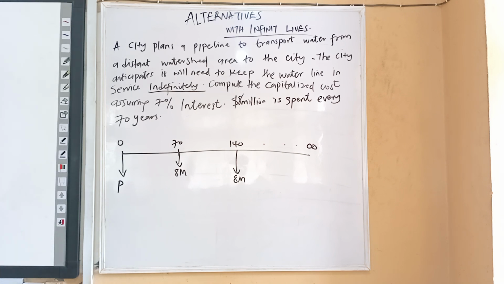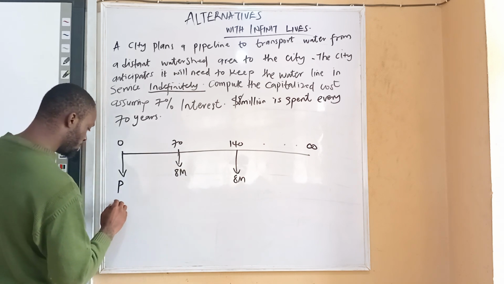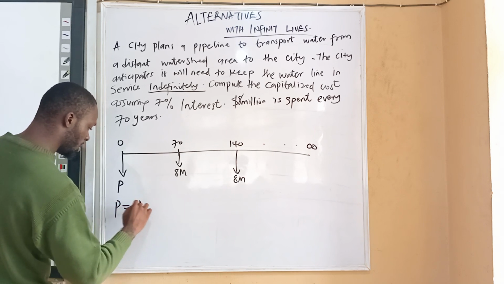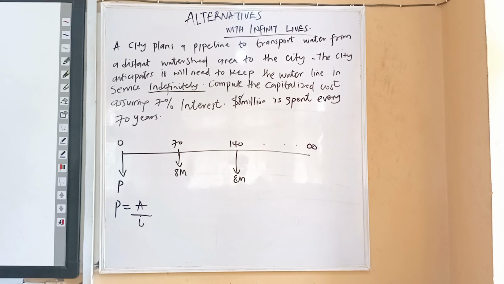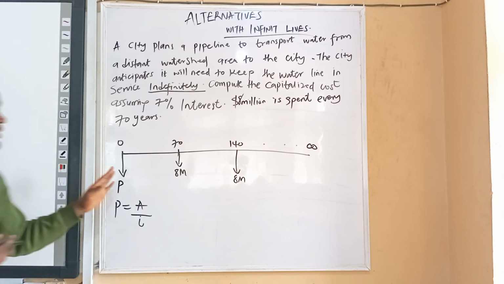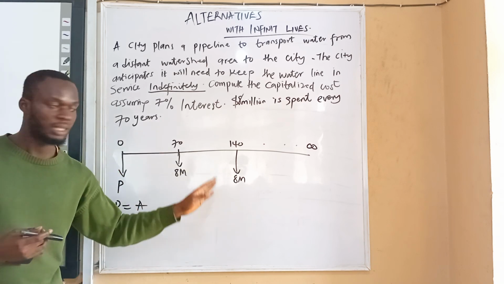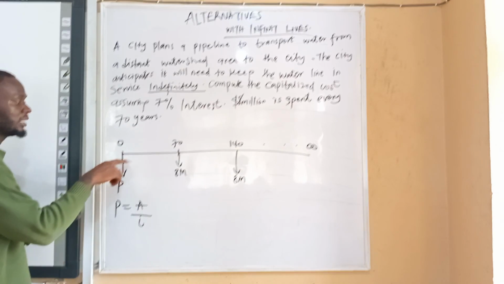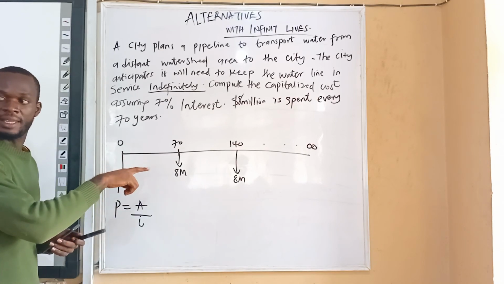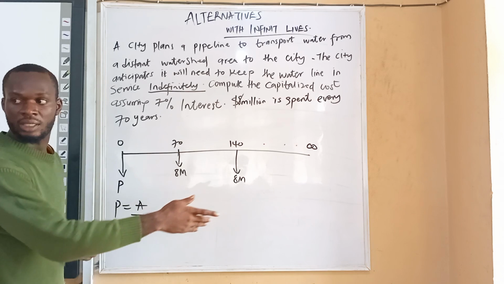So the first thing to do, the formula for capitalized cost is P is equal to A over the interest rate. Since this expense is periodic, it means the annual cost per year will also be periodic.